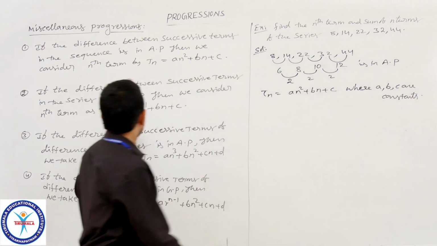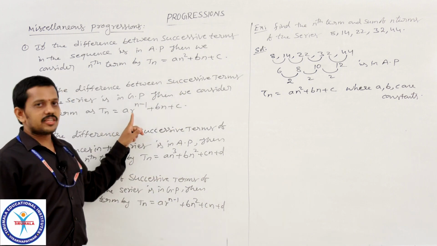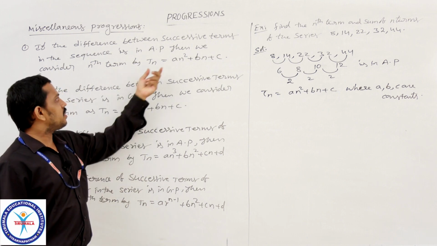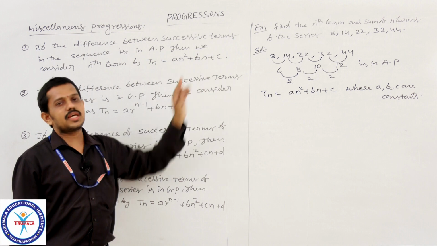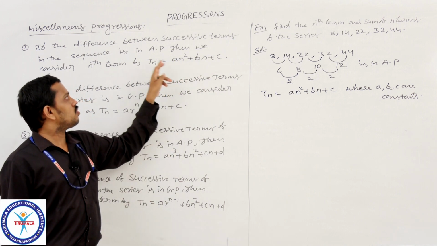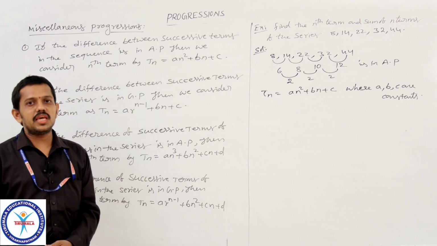Here, to find the values of the constants a, b, c, we will consider n equal to 1, 2, 3. Since 3 variables are there, we take n equal to 1, 2, 3, then we get 3 equations.